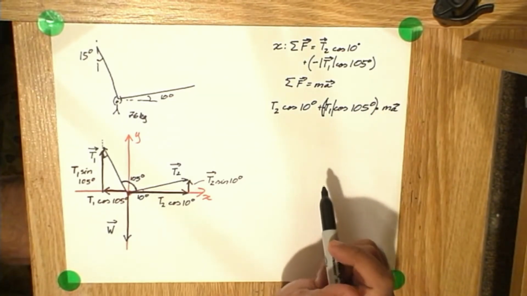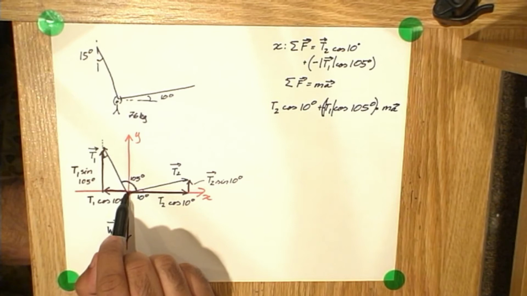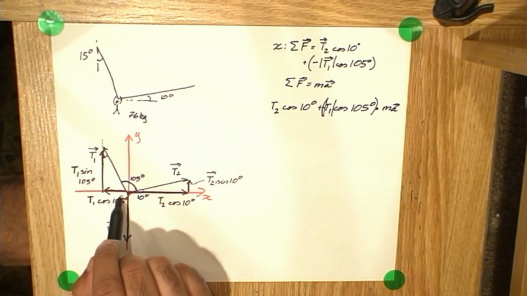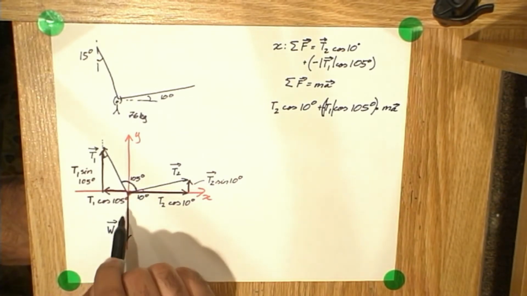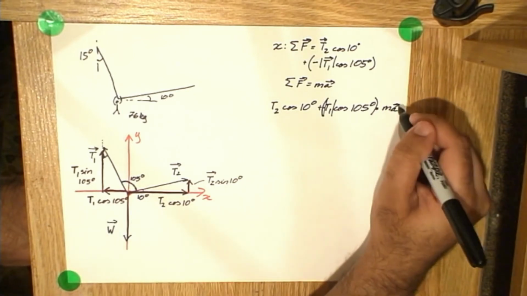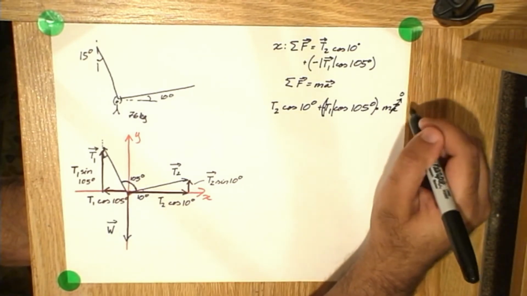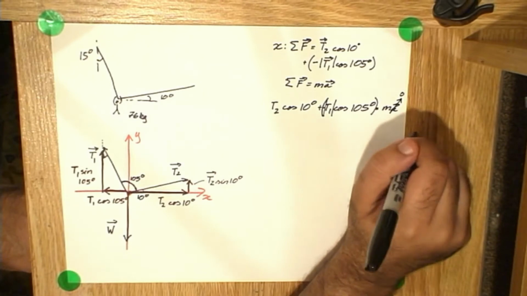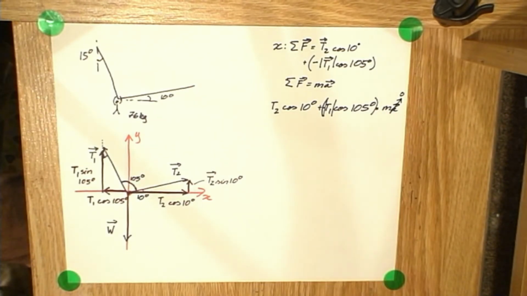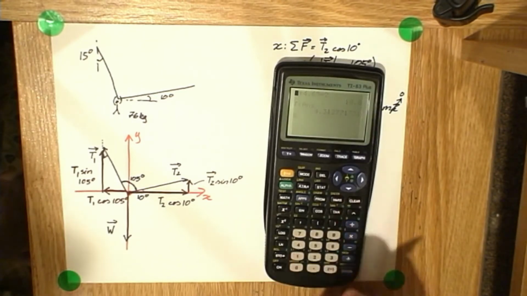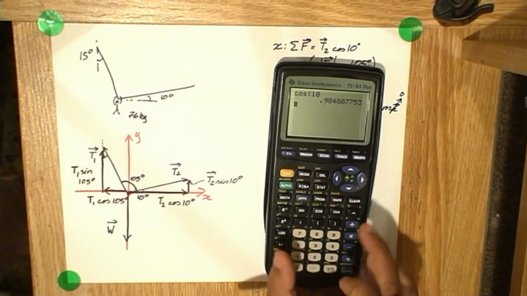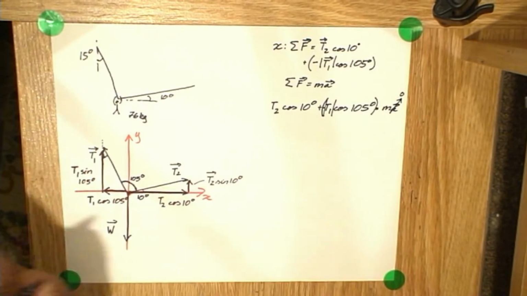But we can simplify this a little bit because our heroine is not moving. So that means that there is no acceleration in the x direction. This entire right side goes to 0. Now, let us solve for what information we know. The cosine of 10 is 0.984, or 0.985, let's say.